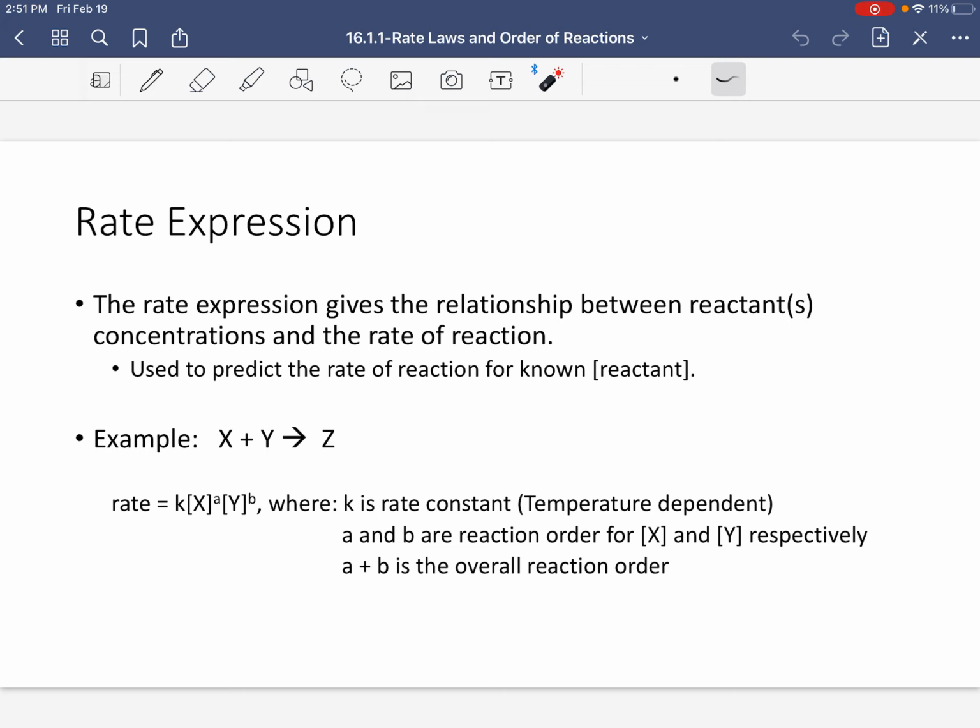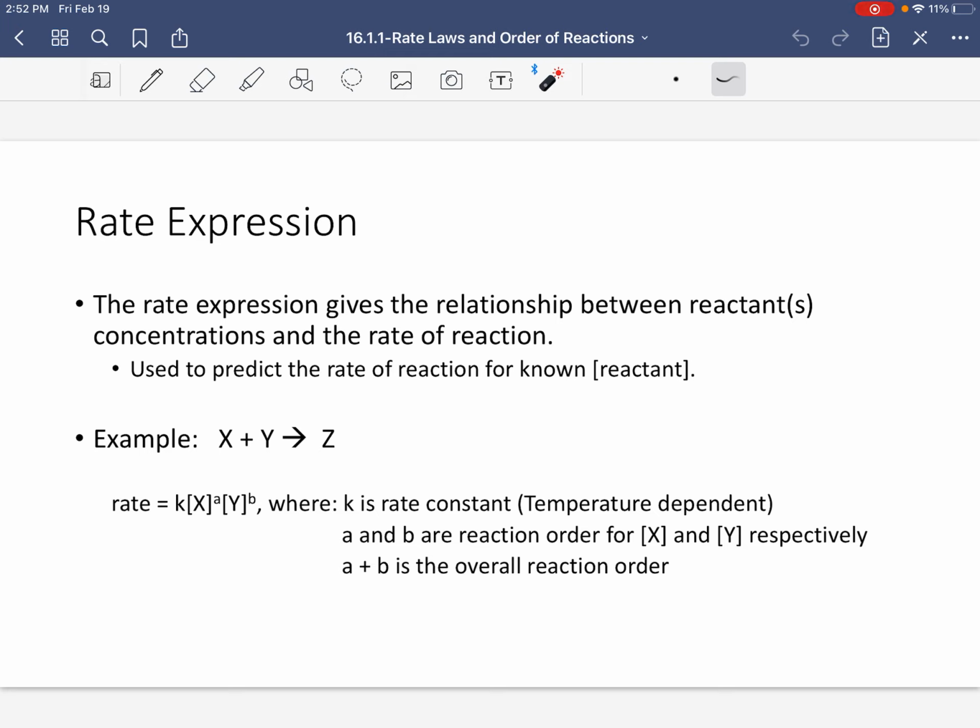And to get Z, there's a certain rate, a certain speed, and that all depends on the concentration of this and the concentration of that.